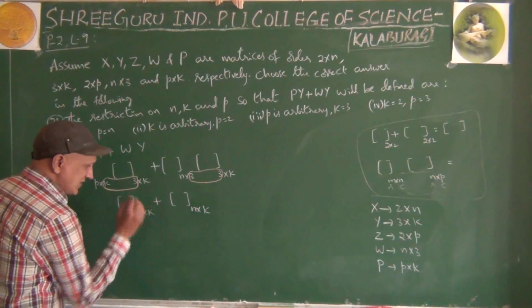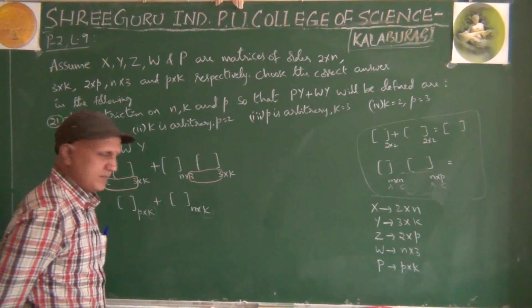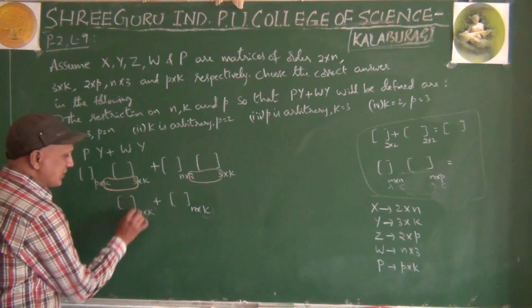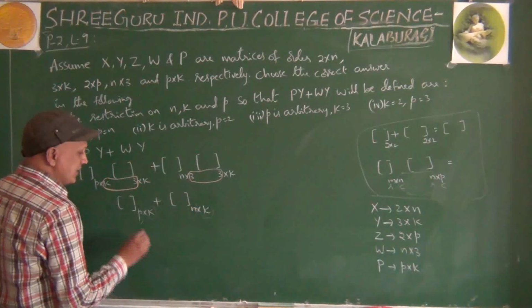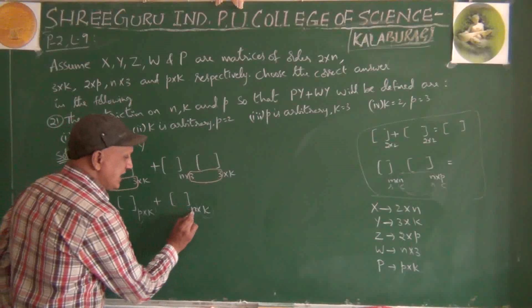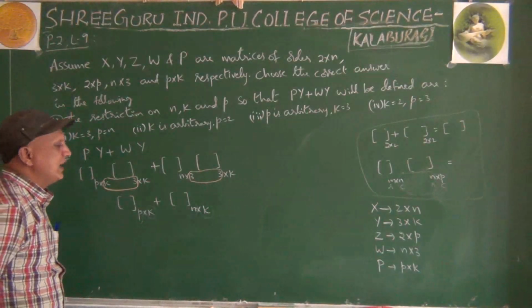Number of columns k, number of columns k, no problem. Number of rows p, number of rows n. P and n should both be equal, then only addition is possible.